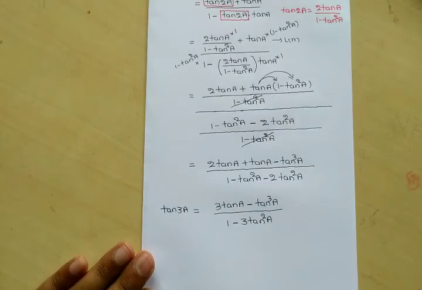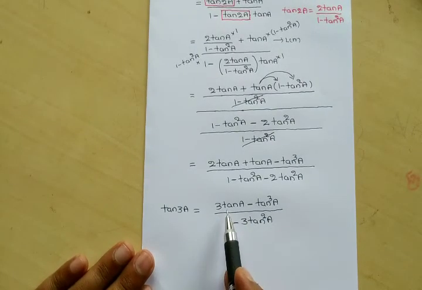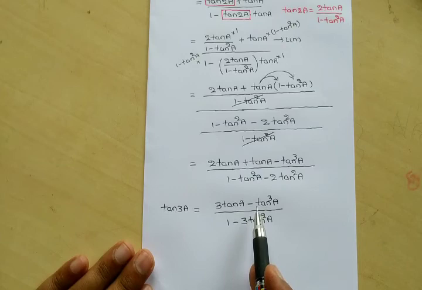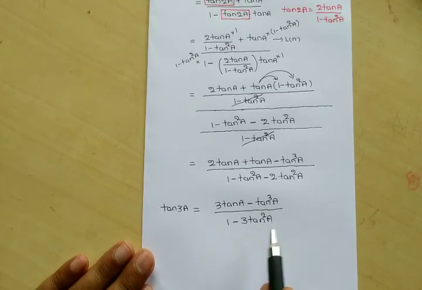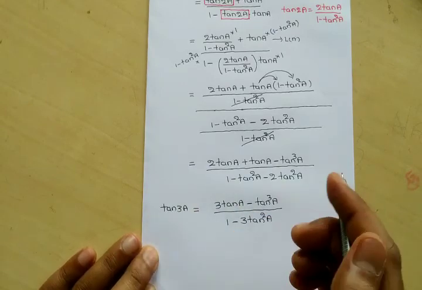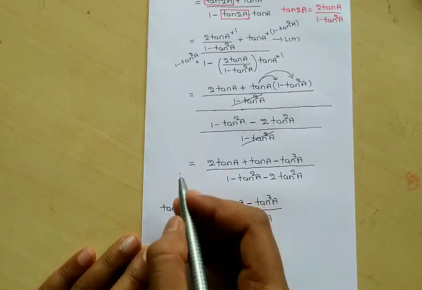So what is the formula here? 3 tan A minus tan cube A divided by 1 minus 3 tan square A. So this is the tan 3A formula.